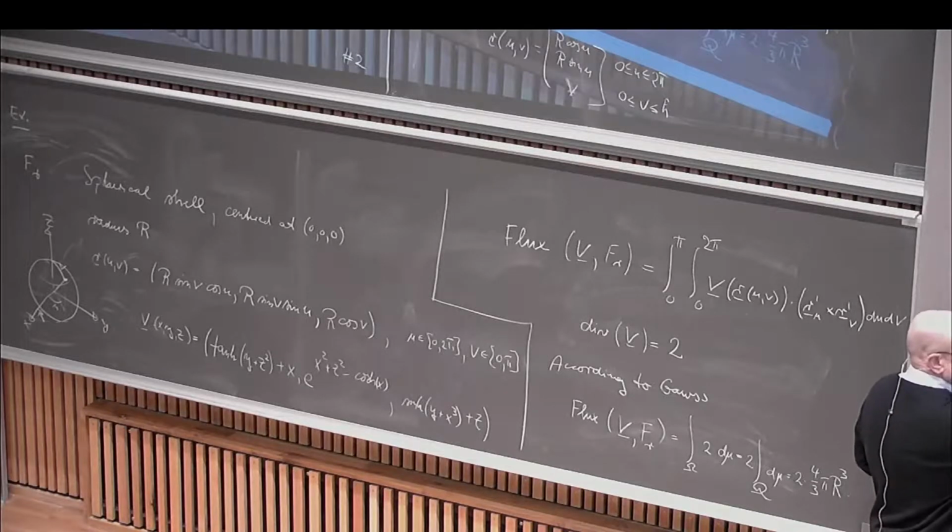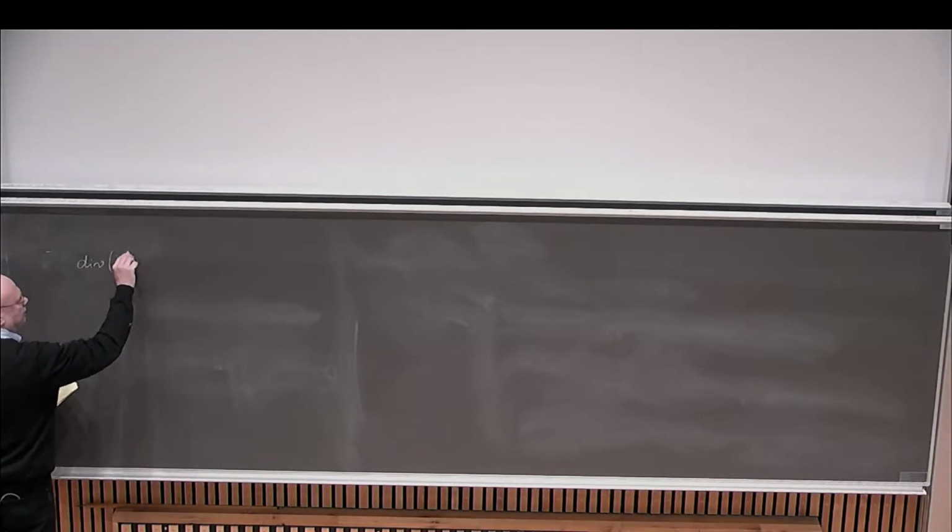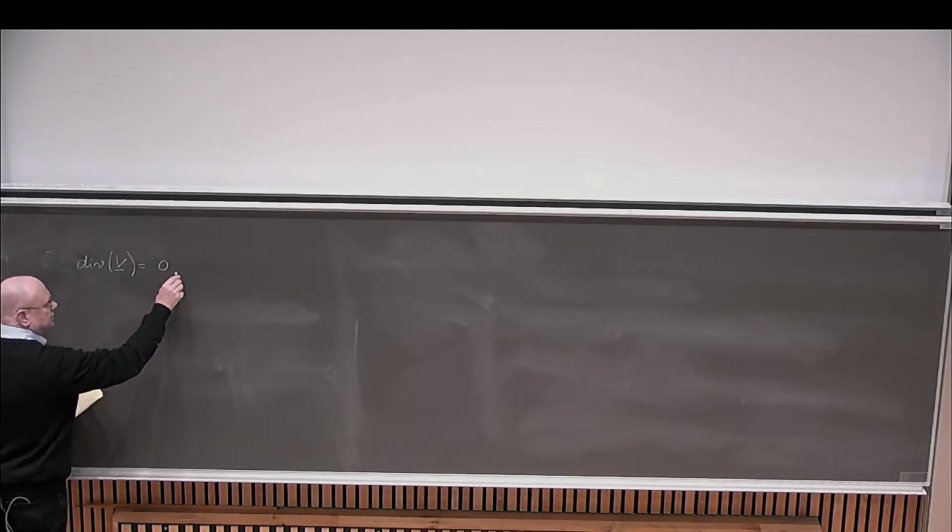Now, this was an example of a vector field with a constant divergence. What if the divergence of the vector field is 0?